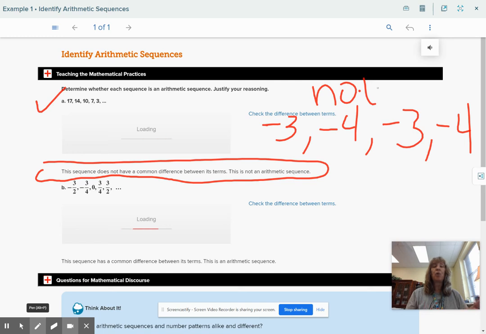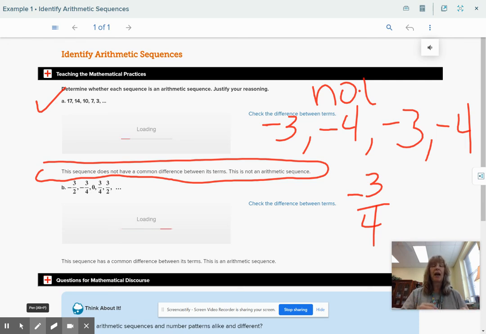In the very first one, it's negative 1.5. So how would you get from negative 1.5 to negative 3/4? Well, I know that you can add 3/4 to get from negative 1.5 to negative 3/4. 3/4 and 3/4 is 1.5.